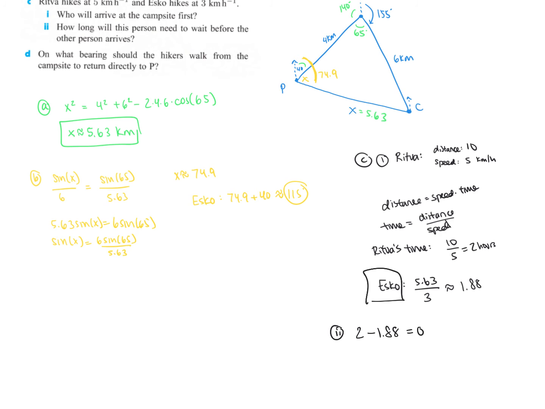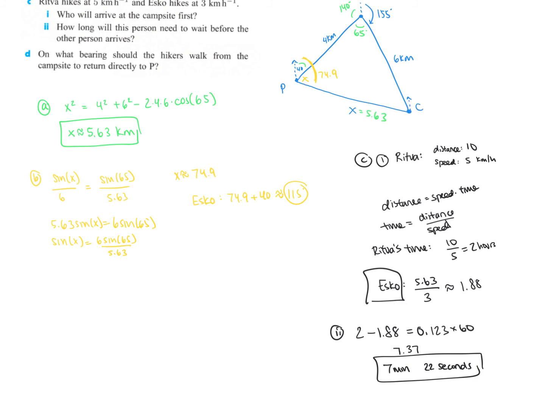That's going to be 0.123 hours. And if you times that by 60, it will tell you how many minutes. So 7.37. And then if you times 0.37 times 60, that will tell you how many seconds. So that's going to be 7 minutes and 22 seconds.